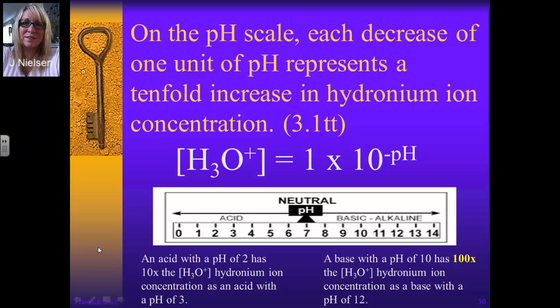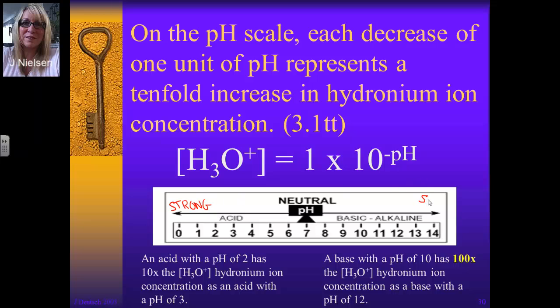On the pH scale, each decrease of 1 unit of pH represents a 10-fold increase in hydronium ion concentration, H3O+. So, in looking at this pH scale, remember that when I go more towards 1, this is my strong acids, way down here near 0.